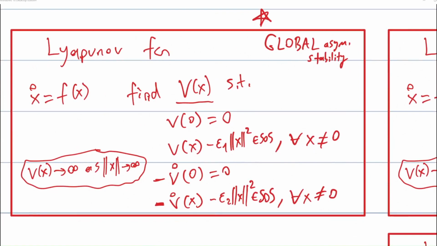Here epsilon 1 and epsilon 2, maybe I should write this, epsilon 1 is 0.001 or something, a very small number.